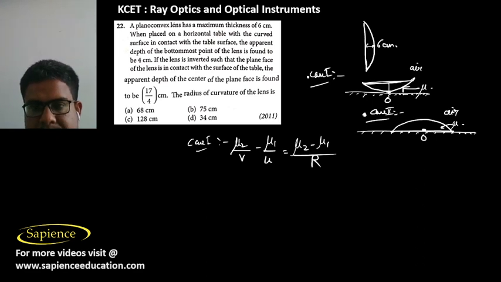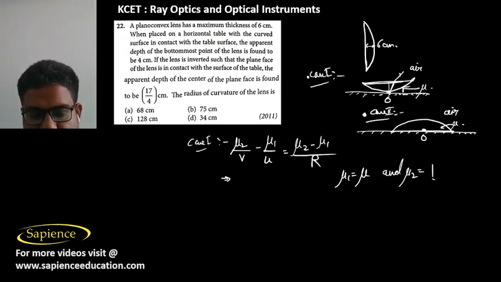Here the light ray is going from the lens to the air. So mu1 is that of the lens, mu, and mu2 is that of the air, that is 1. So this will be mu2 by v minus mu1 by u.